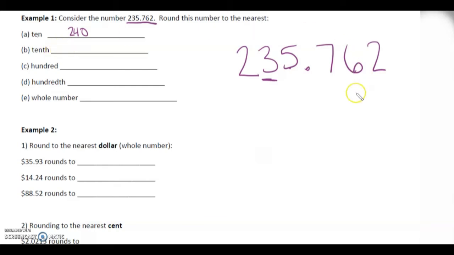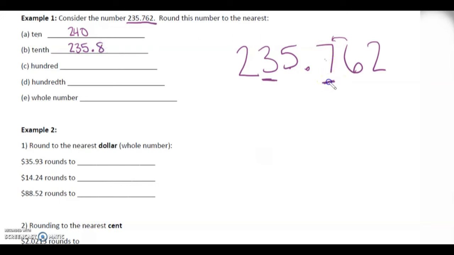Okay, what about the tenth? So the tenths column is right here, a 7. So take a look on the right of the 7. We're going to round up because to the right, this is a 6. So this 7 is going to become an 8. So we have 235.8.